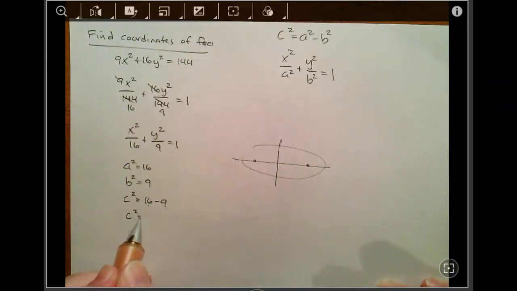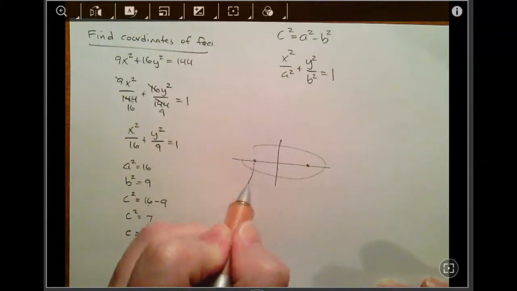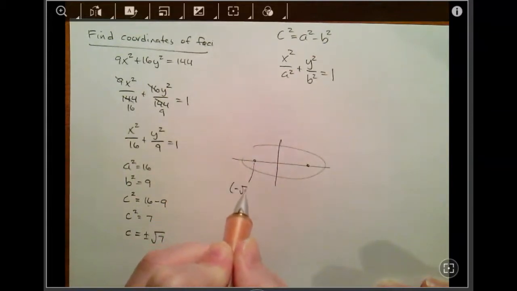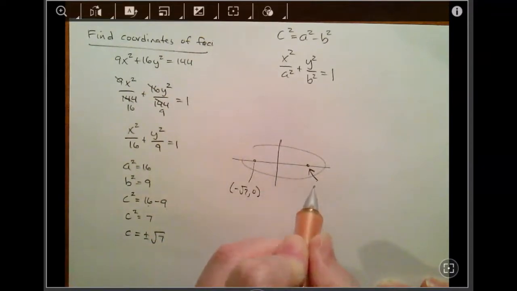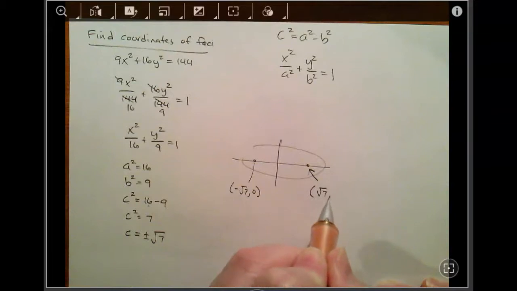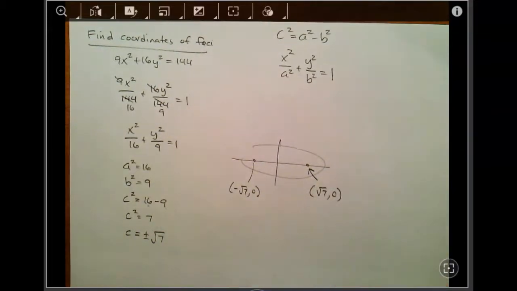So c squared is going to be 7, which means c is plus or minus the square root of 7. So the coordinates of this point are going to be negative square root of 7, 0. And the coordinates of that point are going to be positive square root of 7, comma, 0.